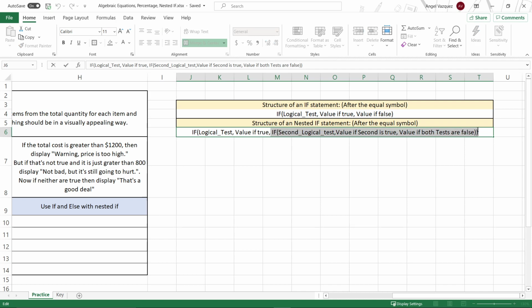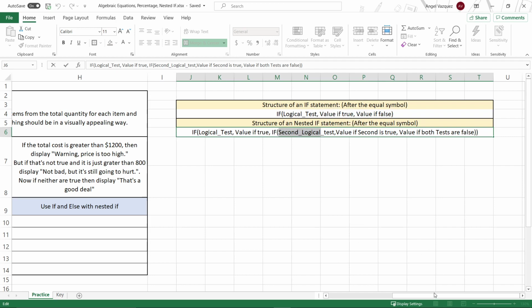It's using an if inside another if, making one decision based on one logical test, one condition. If it is true, then we do this. If it is false, then we go and make another decision.